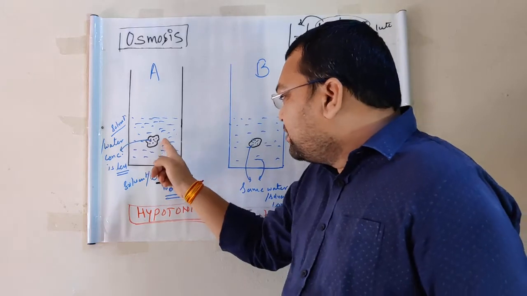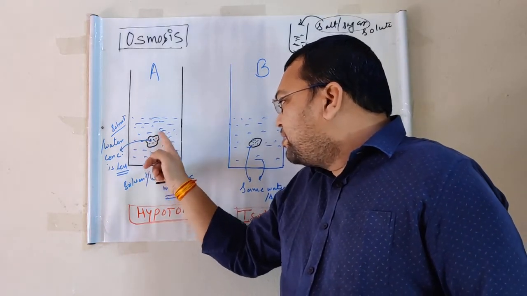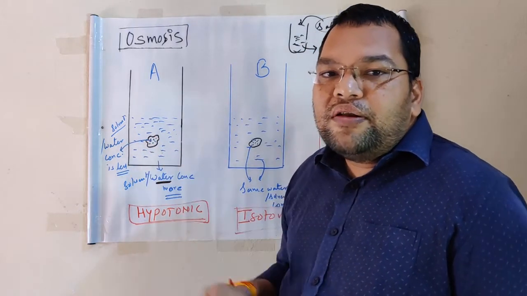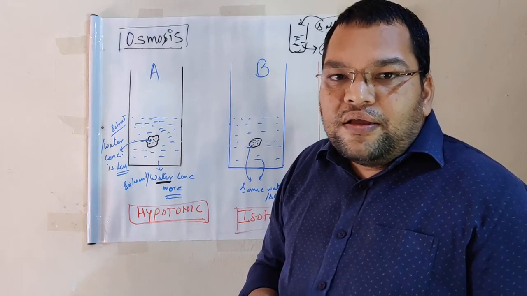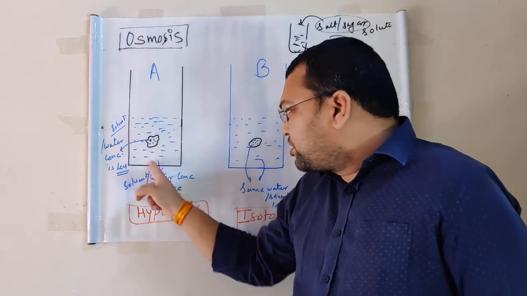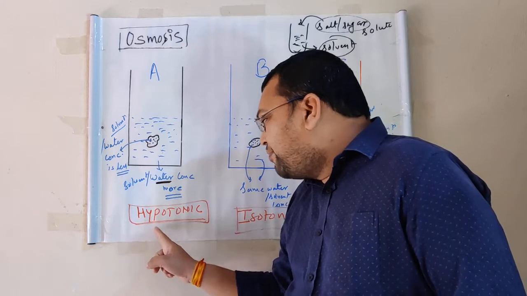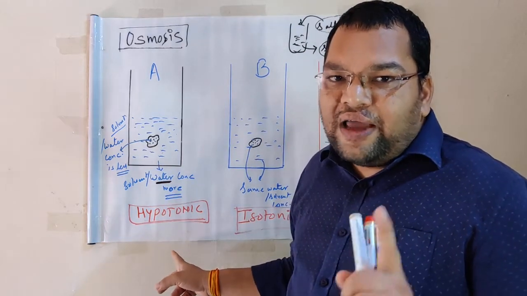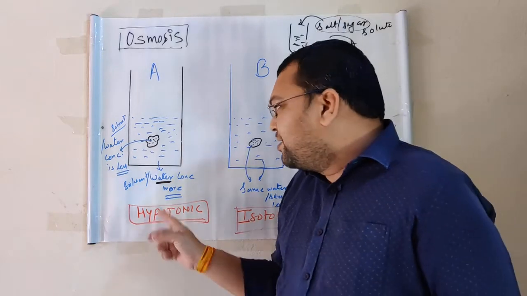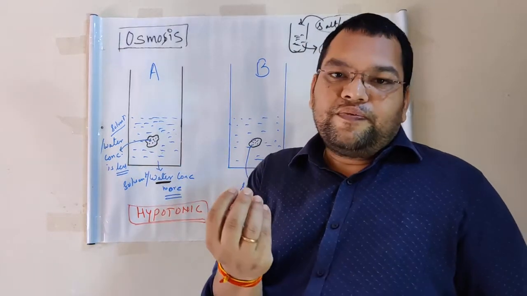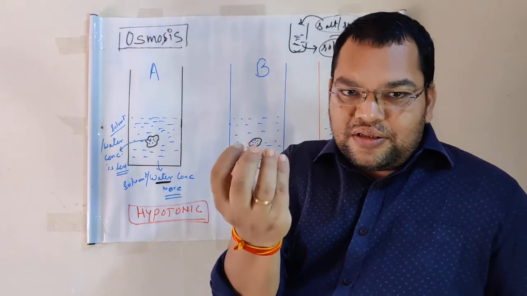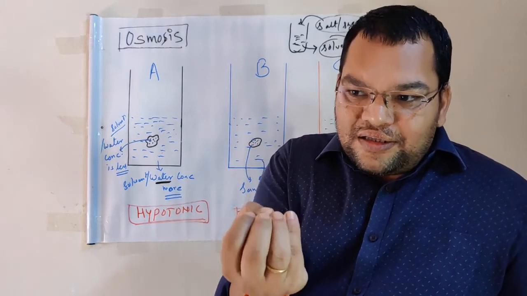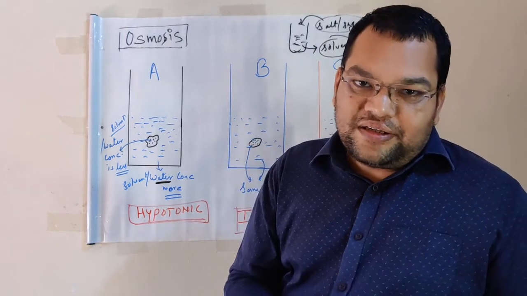Here the cell membrane is acting as a plasma membrane. This type of solution is known as a hypotonic solution, and in this case the cell swells. The cell becomes enlarged in size.